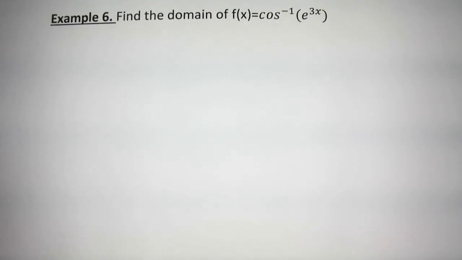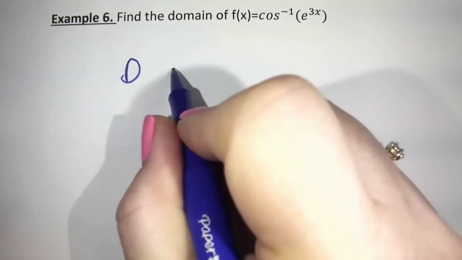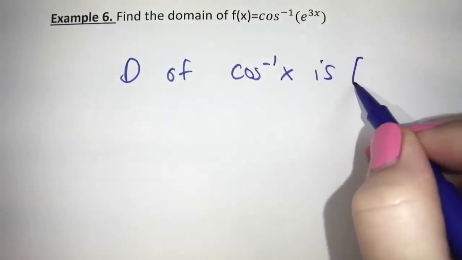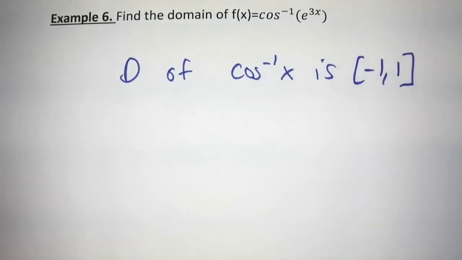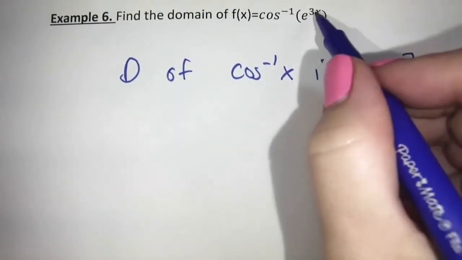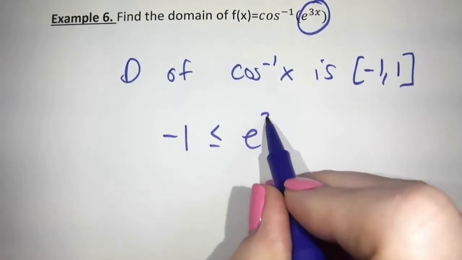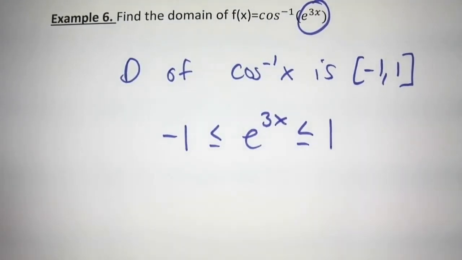Okay, and the last one here, number 6, find the domain of f of x equals cos inverse, or arc cos, of e to the 3x. So first thing we look at is the domain of arc cos, or cos inverse x, which we just talked about, -1 to 1. And so we can say whatever we're taking the arc cos of is between -1 and 1. So our e to the 3x is between -1 and 1.